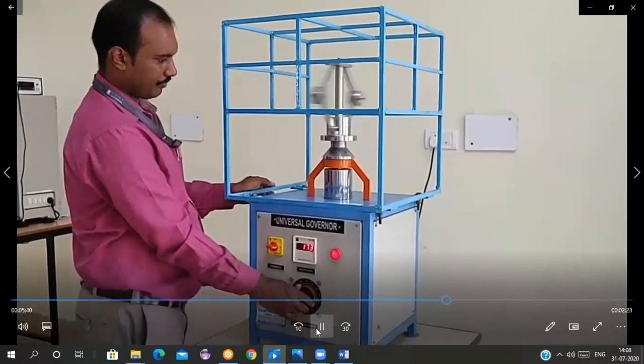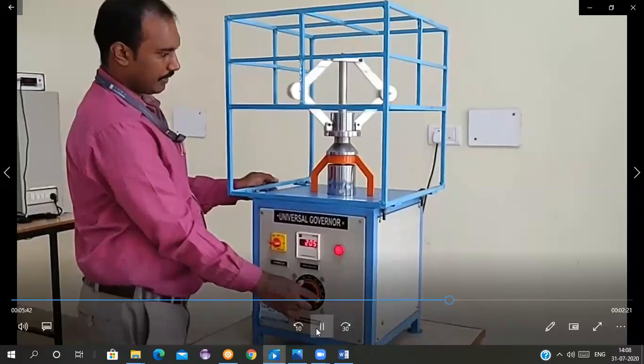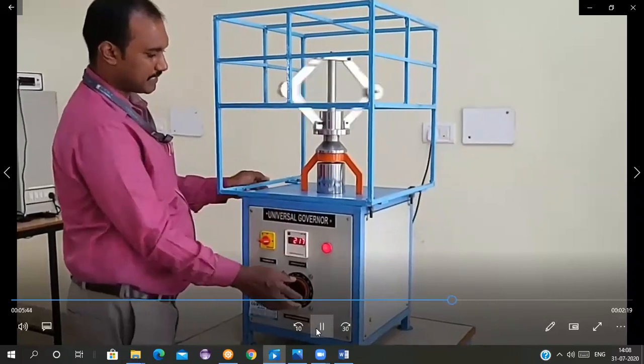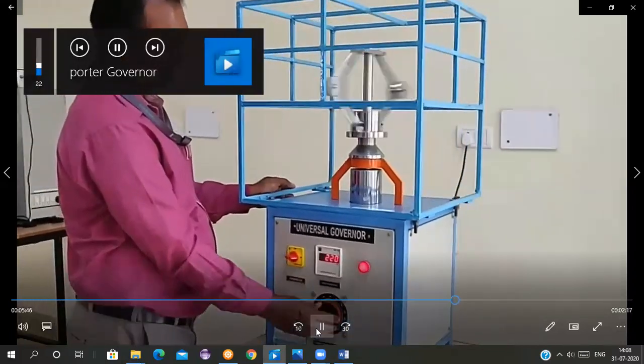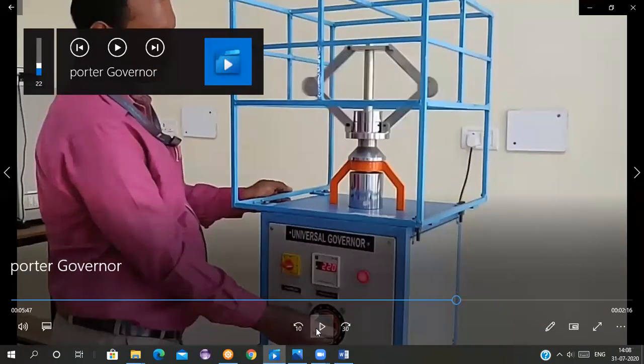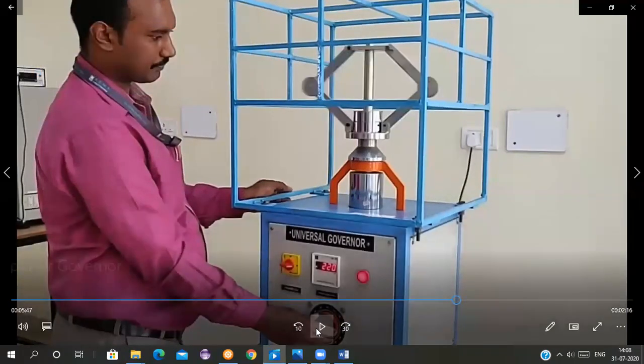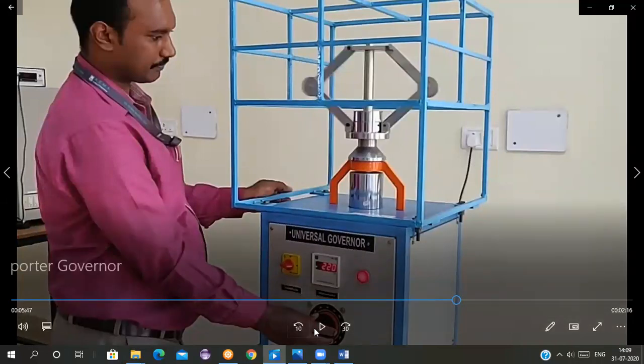As the speed is increasing, the governor moves up, and therefore it controls the throttle body which is attached to the sleeve. The fuel supply will decrease; it will try to close the throttle body. So very simple. See here, all of you.